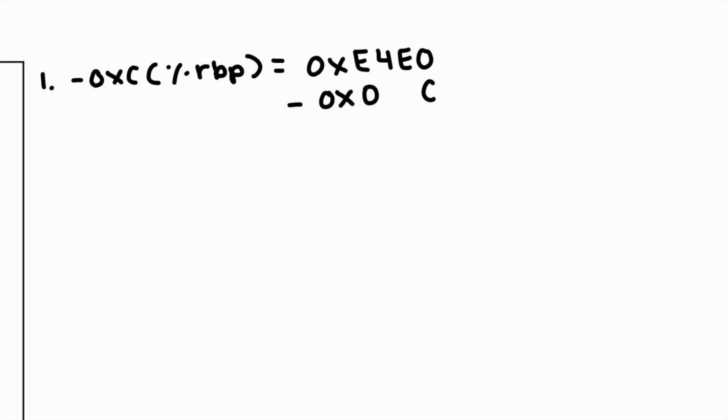Remember, we have to pad the rest with 0. We have 2 bytes here, so 0 minus c is not possible. So we're going to borrow from E, we'll get D, and then this becomes 16 minus C, which is 16 minus 12, is 4. So E4, D4.